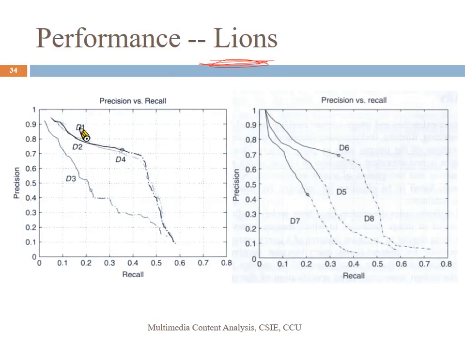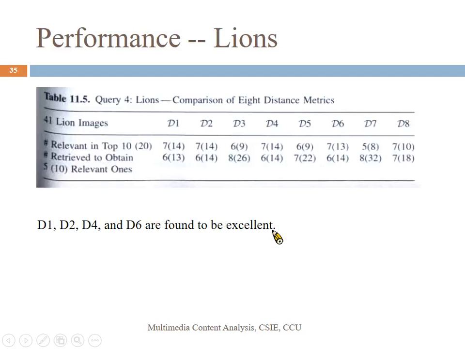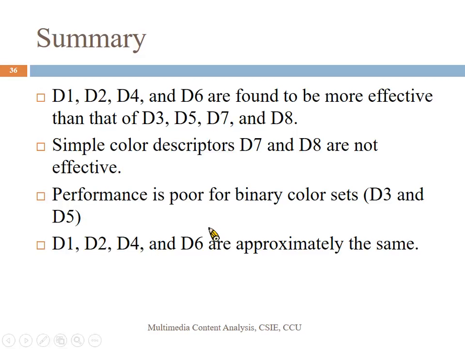We can see that D1, D2, D4, and D6 perform well, and D7 is the worst. We can also see this effect in the quantitative result here. Finally, we found that D1, D2, D4, D6 are excellent.